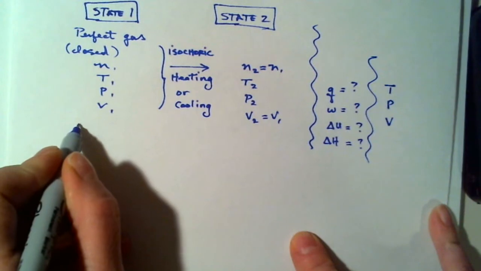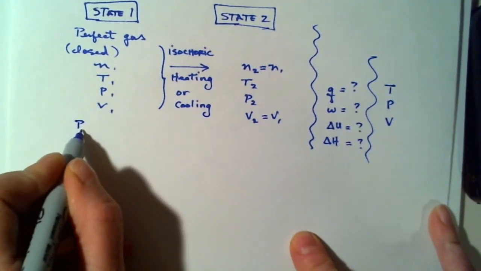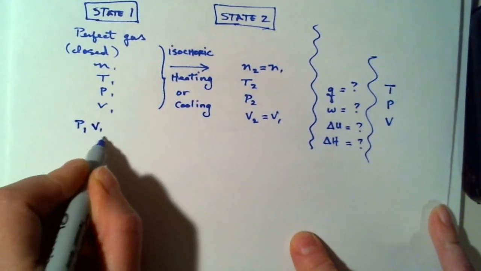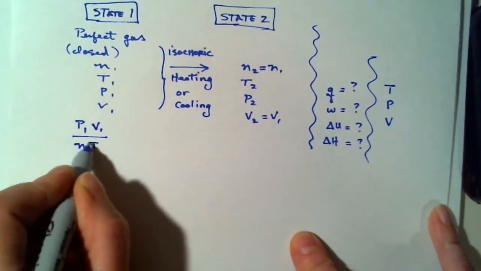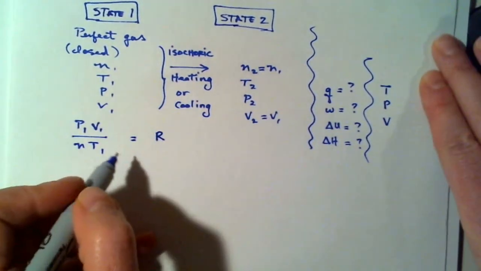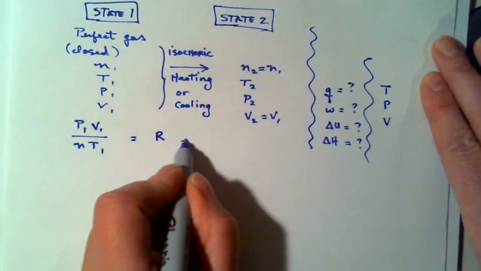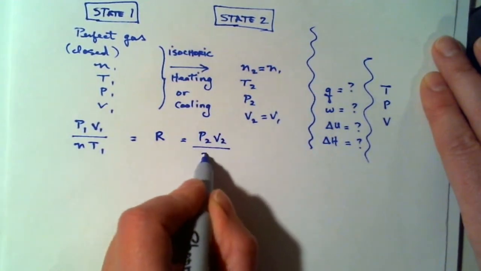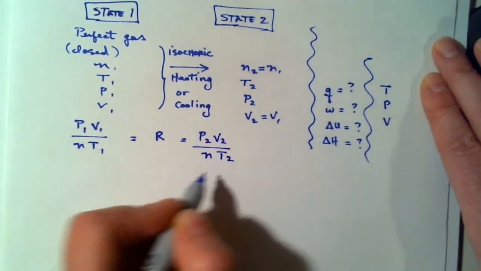I know that if PV is equal to nRT, then P1V1 over nT1 is equal to the constant R, and that's the same for state 2, so that is equal to P2V2 over nT2.